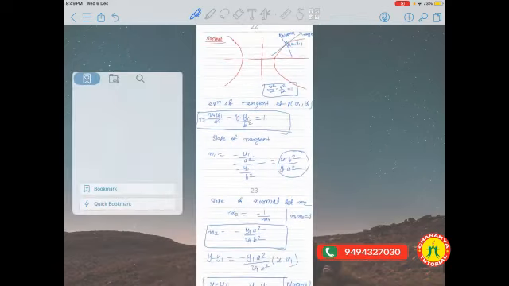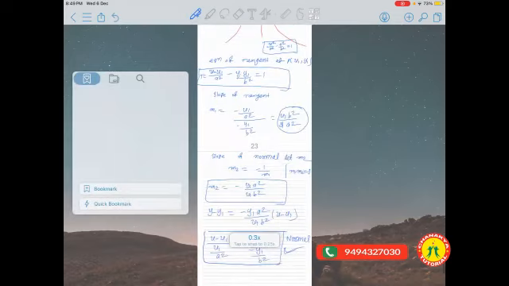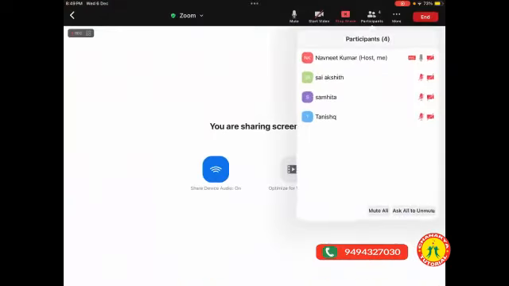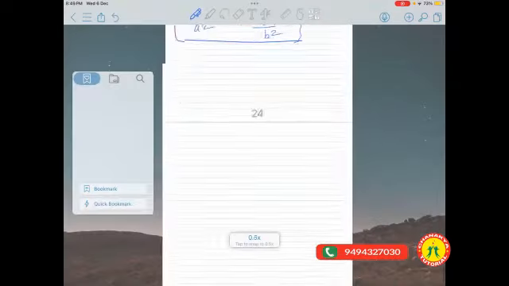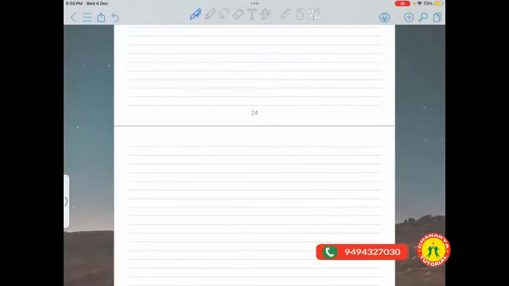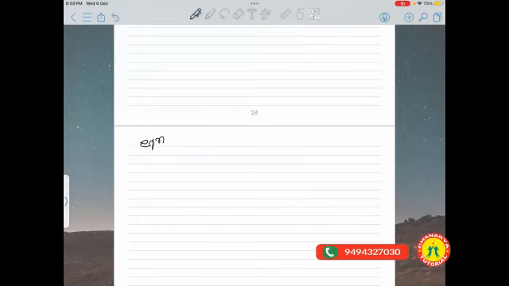Is everything clear? Any doubt? Now we need to find the equation of normal to the hyperbola in parametric form.